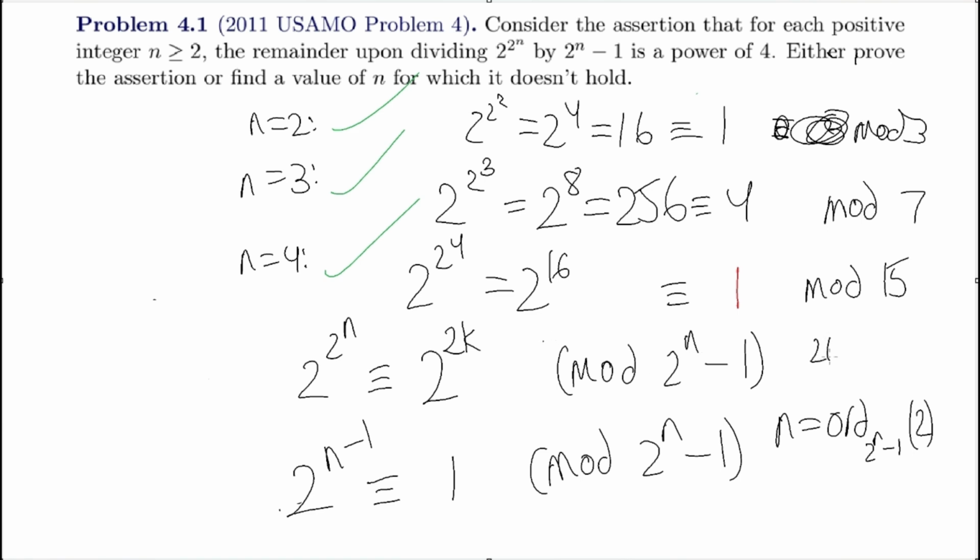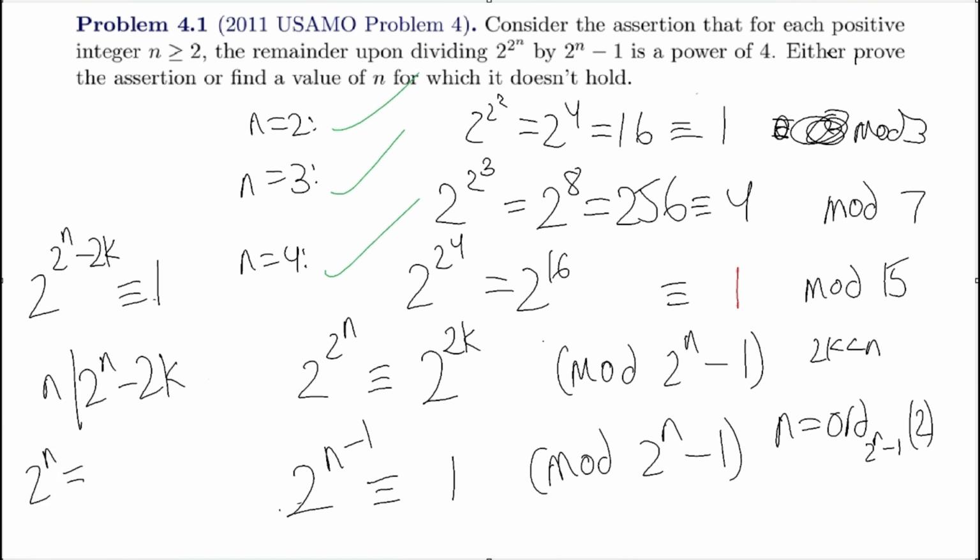So 2k is less than n. In other words, because n is the order, we have 2 to the n minus 2k is equivalent to 1, or n divides 2 to the n minus 2k. Or 2 to the n is equivalent to 2k mod n.